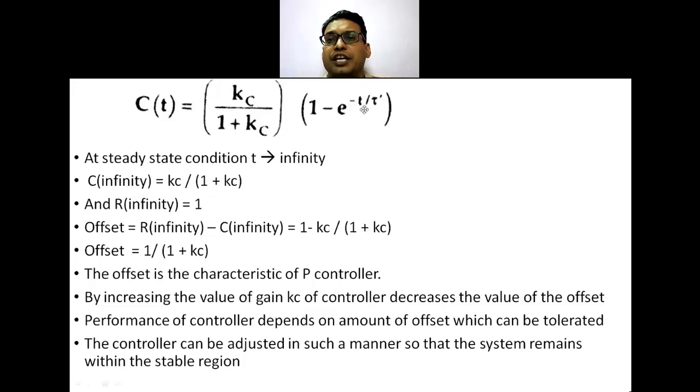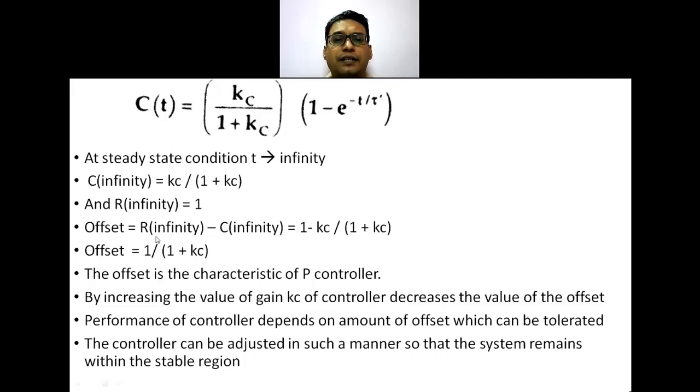This term 1 minus e raised to minus t/tau dash goes to 1 minus 0, which is nothing but 1. So C infinity is Kc/(1 plus Kc), and R infinity is equal to 1.